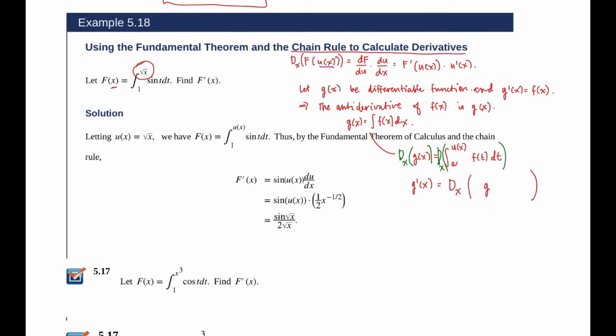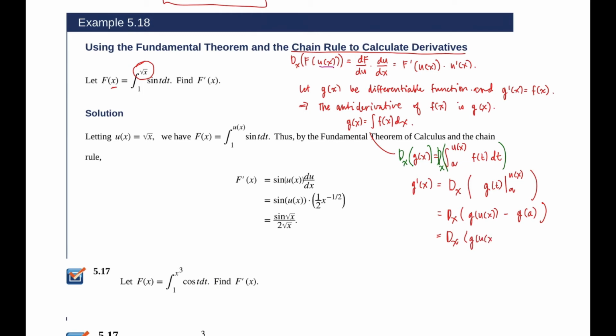So this one would be g of t from a to u of x, and this is equal to g of u of x minus g of a. So we can distribute this.